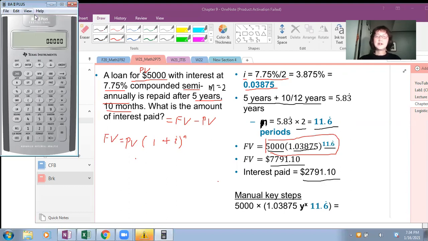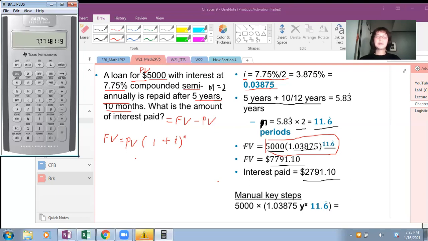First, you can punch in 5,000 times bracket 1.03875 raised to the power. On the calculator, raised to the power means y^x. Then 11.6, closing bracket, equal.